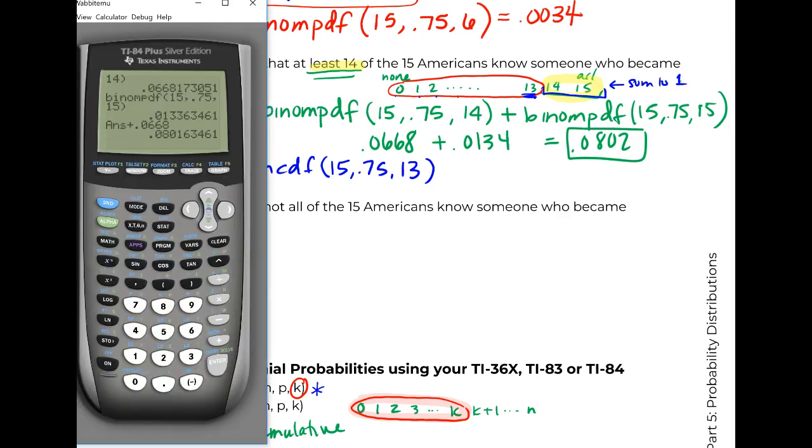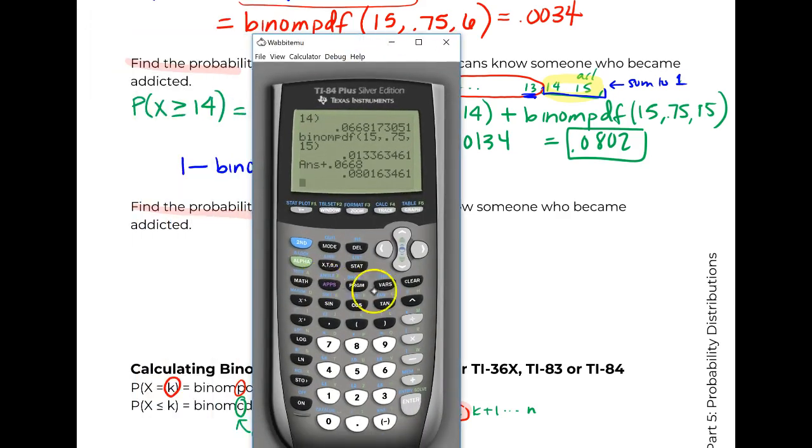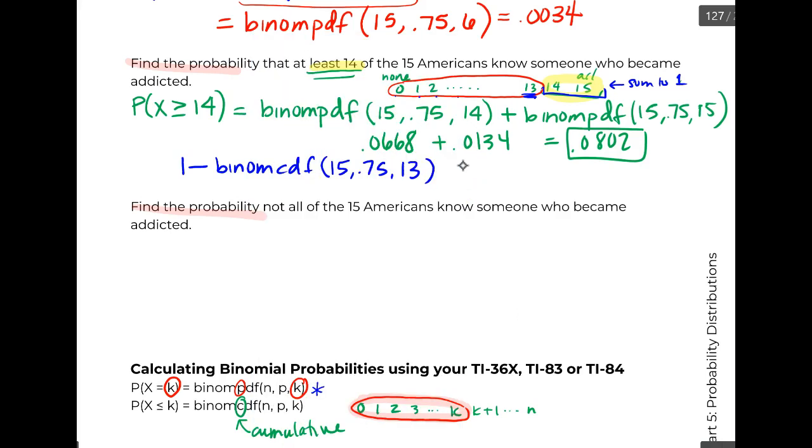So just to show you and prove that it's the same value, let me pull up binom CDF, 15, 0.75, 13, and we'll do 1 minus that answer. Same thing, 0.0801 or 0.0802. So same exact value, just a different way to get there.